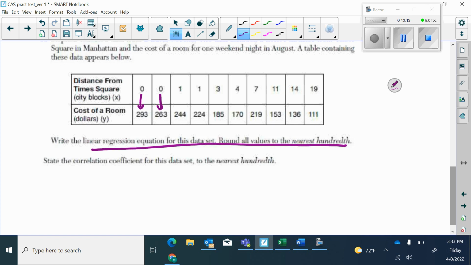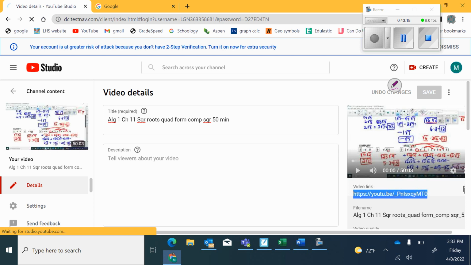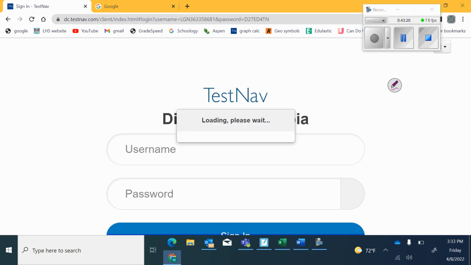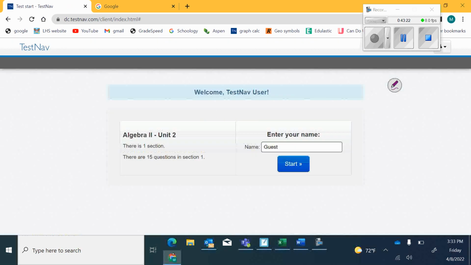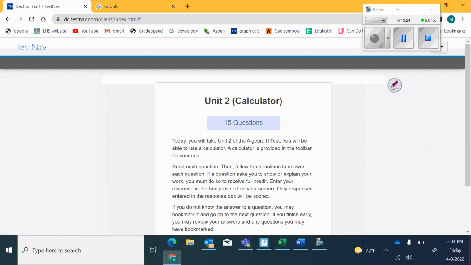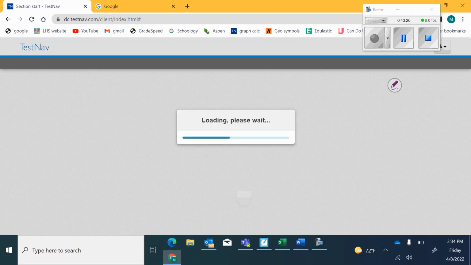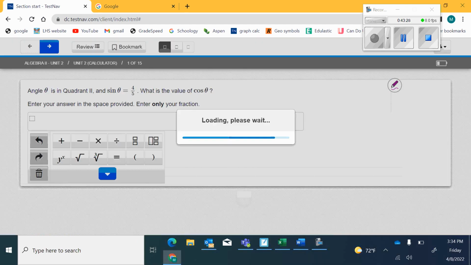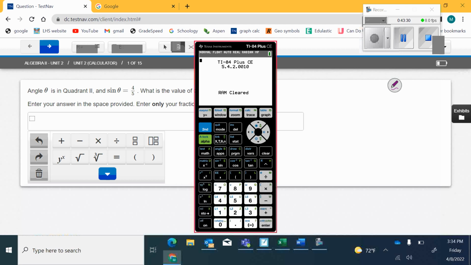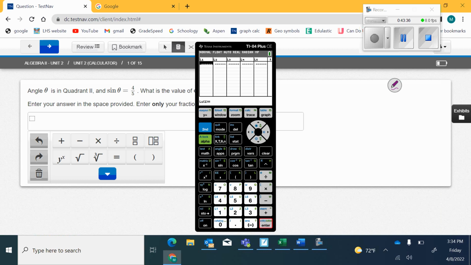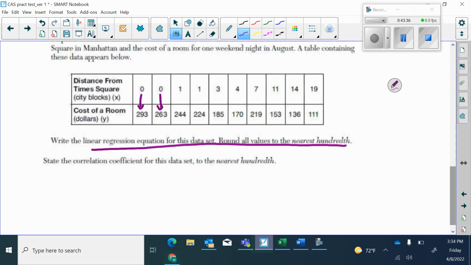Okay, so graphing calculator. Calculator's right there in the middle. Hit stat. Remember, we always put it in stat. Enter. L1 are my x coordinates: 0, 0, 1, 1, 3, 4, 7.